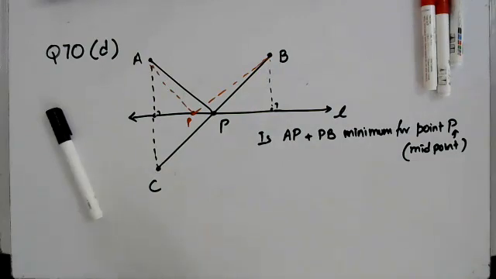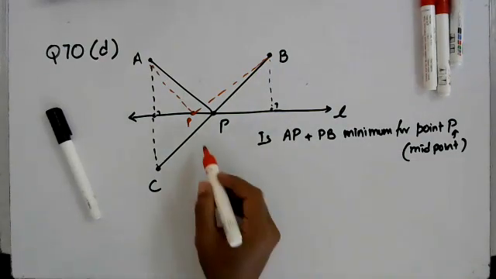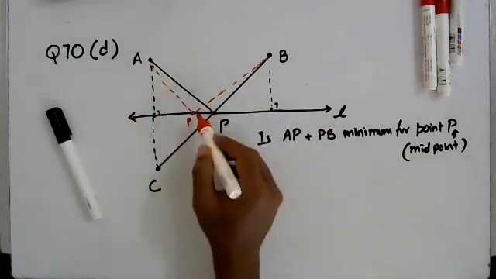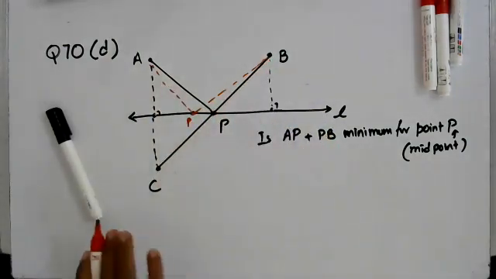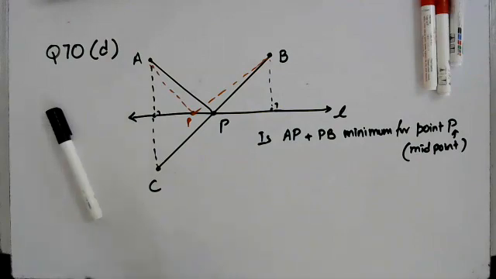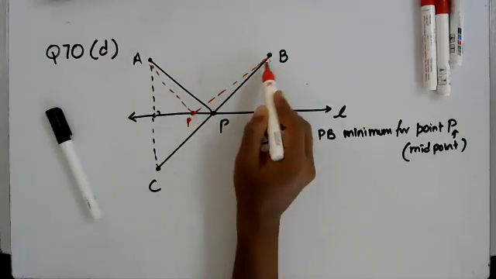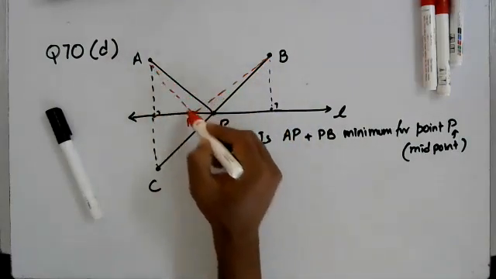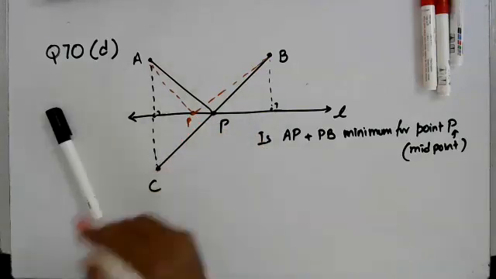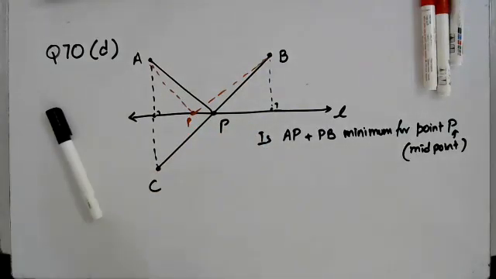Now has AP plus PB become more or become less? We don't know, because PB has increased but AP has decreased. So we are not able to tell for sure whether it has increased, decreased, or still remains the same, because that is also a possibility.